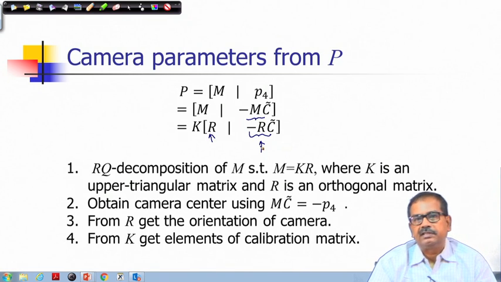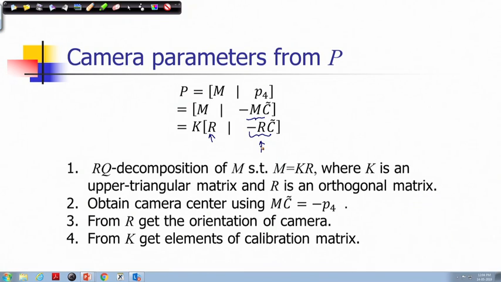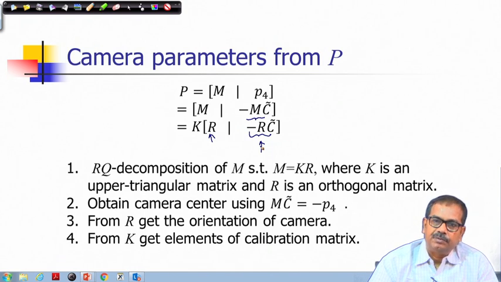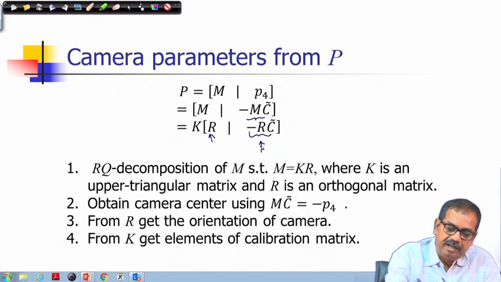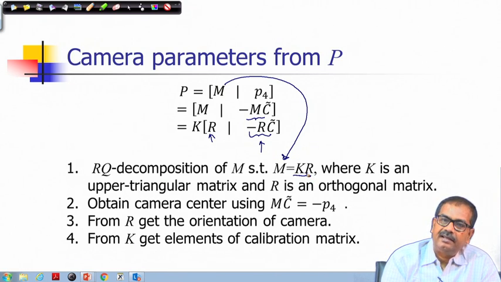All these representations have been discussed in previous lectures. So, one of the easiest way to get the camera parameters is by using matrix decomposition, because the M in general is formed by the multiplication of these two matrices K into R.